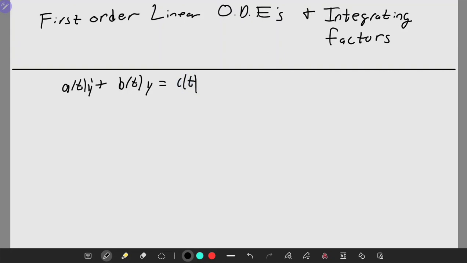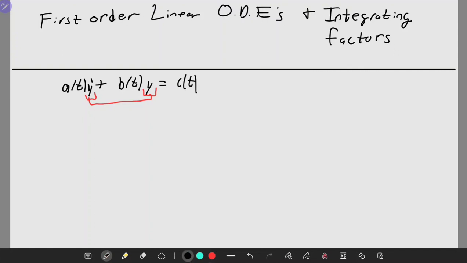Now this equation isn't in the standard form, but it just shows us that every term has a coefficient. Now how do I know this is first order? Well, the y prime and the y tell me that this is first order.